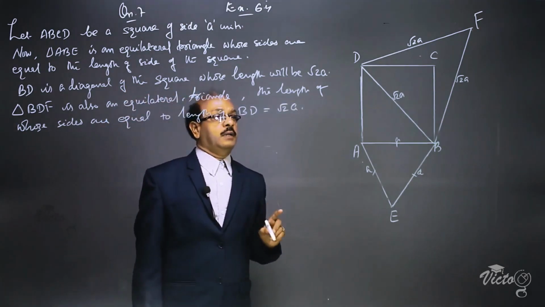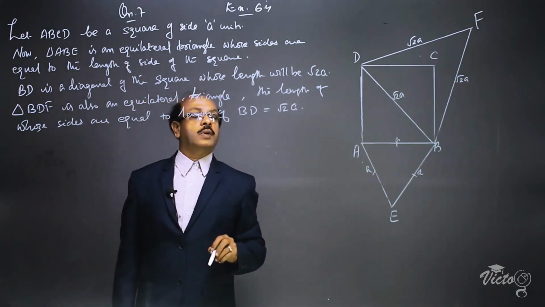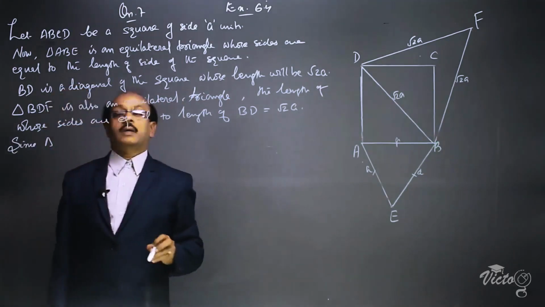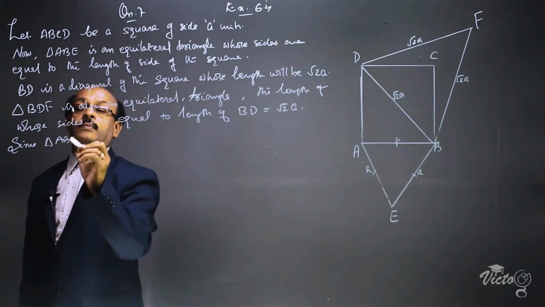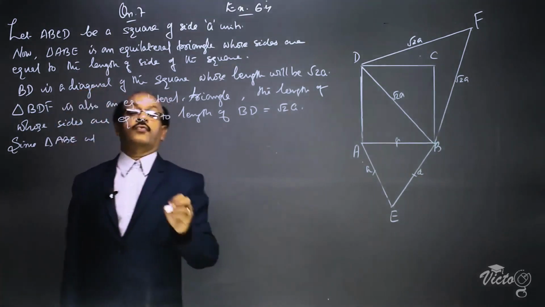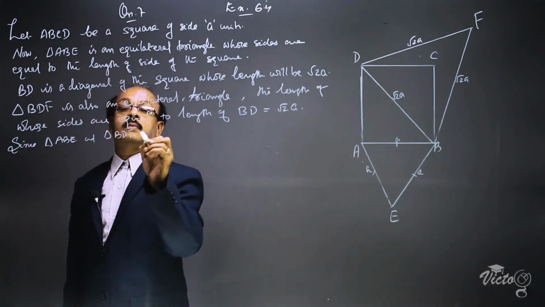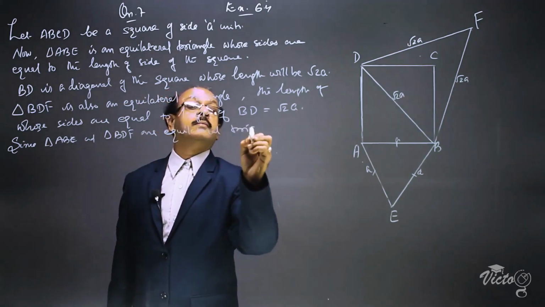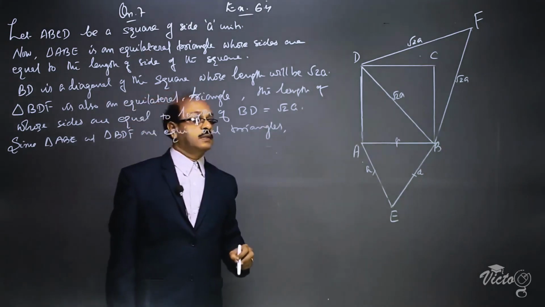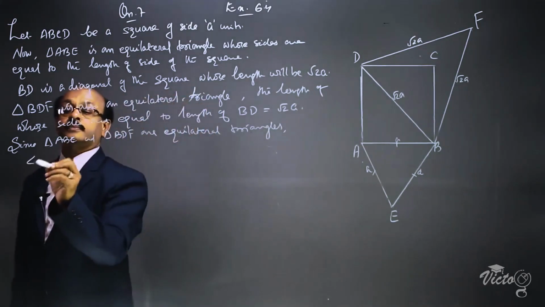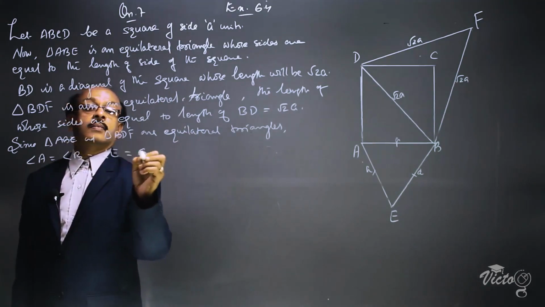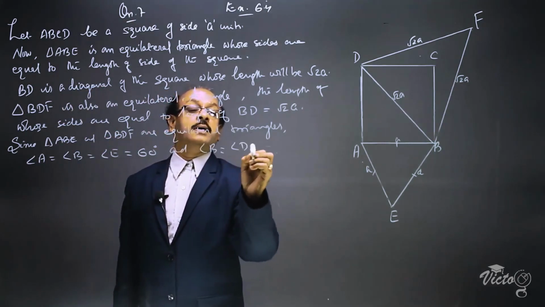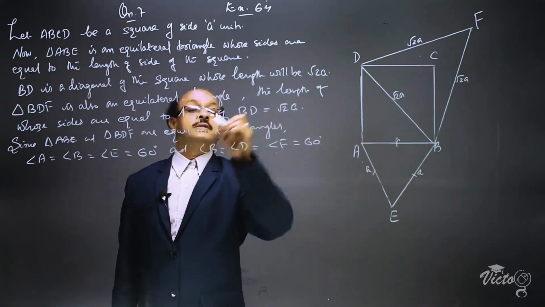Since triangle ABE and triangle BDF are equilateral triangles, angle A is equal to angle B is equal to angle E is equal to 60 degrees, and angle B is equal to angle D is equal to angle F is equal to 60 degrees.